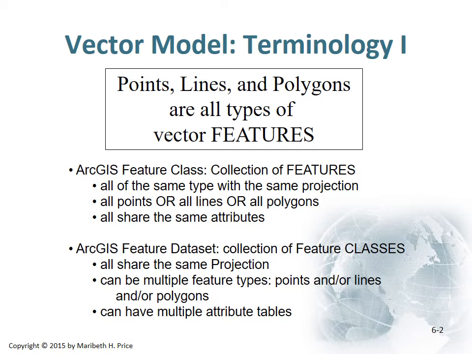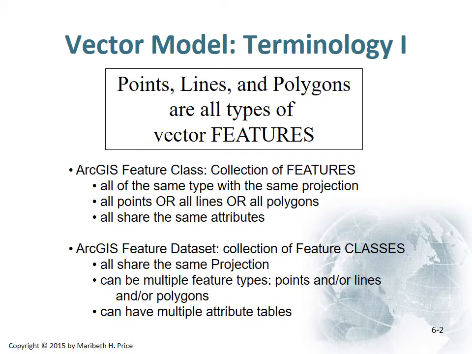So ArcGIS feature classes are a collection of features, all of the same type, the same projection. So each feature class is either all points or all lines or all polygons, and all of those features share the same attributes, the same variables, which are basically the columns in the table.